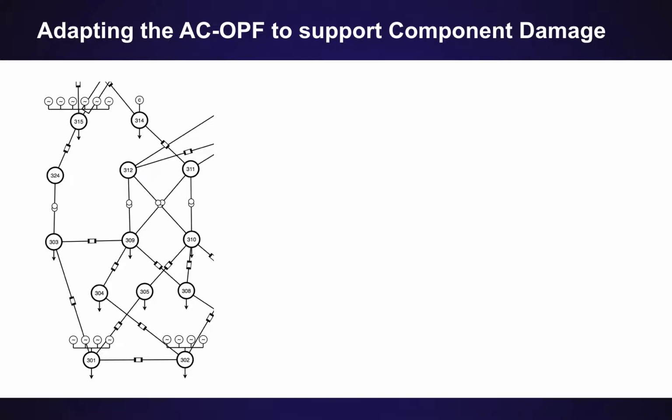So here is an illustration of a network diagram for a power network. Now let's imagine what happens if you damage this collection of lines in the network, just to build our intuition for what we're trying to do. What you'll see is that a bunch of the loads in this network become isolated from all the generators in the network.